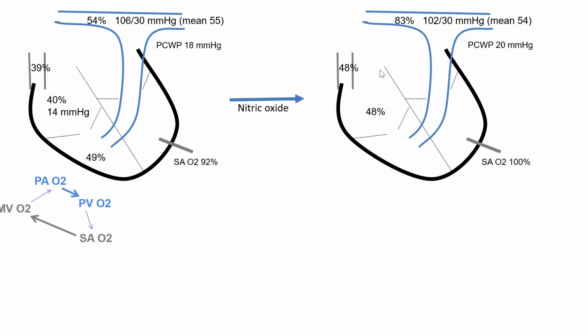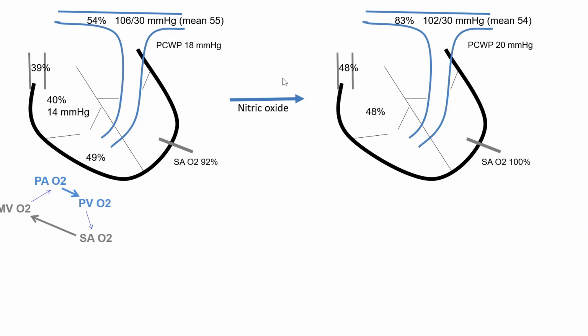The step up went up dramatically, which means your left to right shunt went up dramatically because your right to left shunt went down dramatically. So that right to left shunt reversed, and now it's much more left to right shunt. Another thing you notice is the arterial O2 saturation went up to 100%.